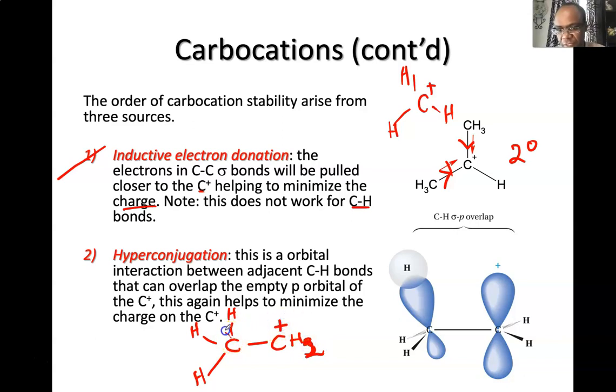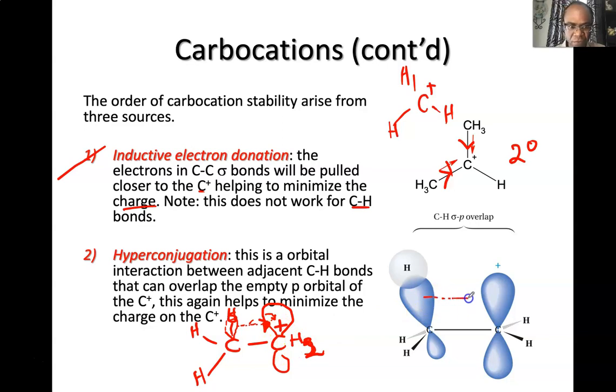So you know here there's an orbital. If this orbital swings close to the empty p orbital I told you about, it might overlap with it and throw electrons in there, hence quenching the plus character of the C plus.